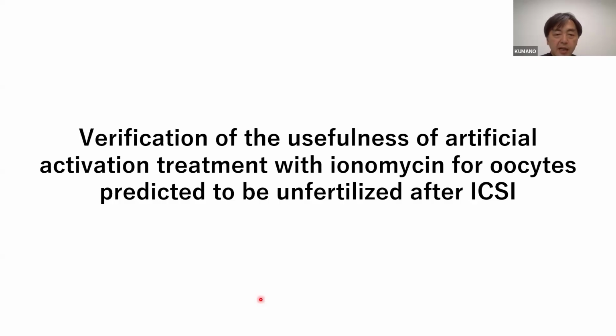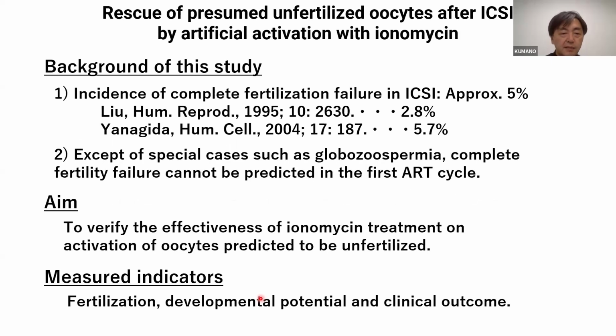If not, however, in normal unfertilized oocytes, we can detect whether each oocyte will result in fertilization or be unfertilized by detecting the presence of the second polar body. So in the evening on the day of ovum pickup, I think it's possible to rescue the predicted unfertilized oocytes after ICSI.